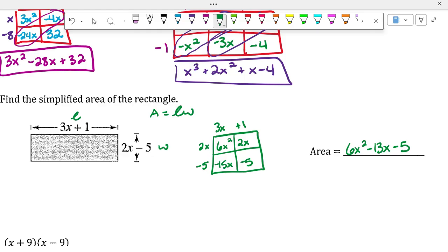So this is what I got for the numbers we have here. So I used the FOIL method. I eventually got 7x minus 5.